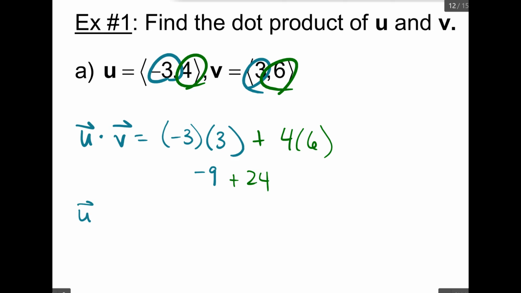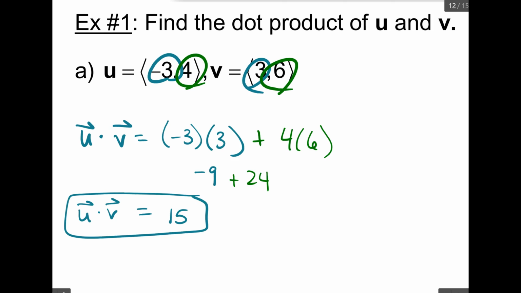So the dot product is going to be 15. So it's not orthogonal. If it was orthogonal, what would the dot product be? 0. Orthogonal means perpendicular. If two vectors are orthogonal, they are perpendicular to each other.